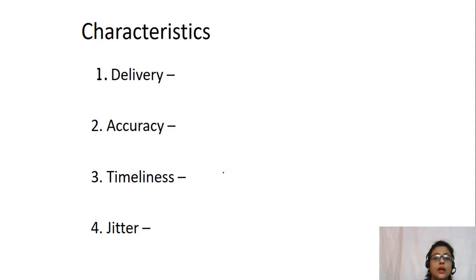I'm drawing a network. A network basically consists of a large number of nodes interconnected through links. So suppose this is node 1, 2, 3, 4, 5, 6, and 7.